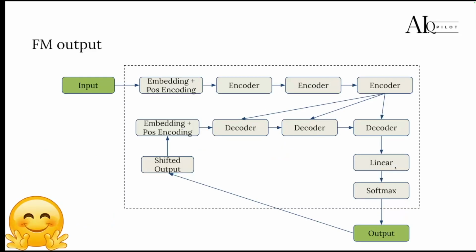All right. So last time we talked about the transformer architecture, which is actually the core of foundation models. Here we can see a simplified version of the transformer architecture that we discussed in the last episode.